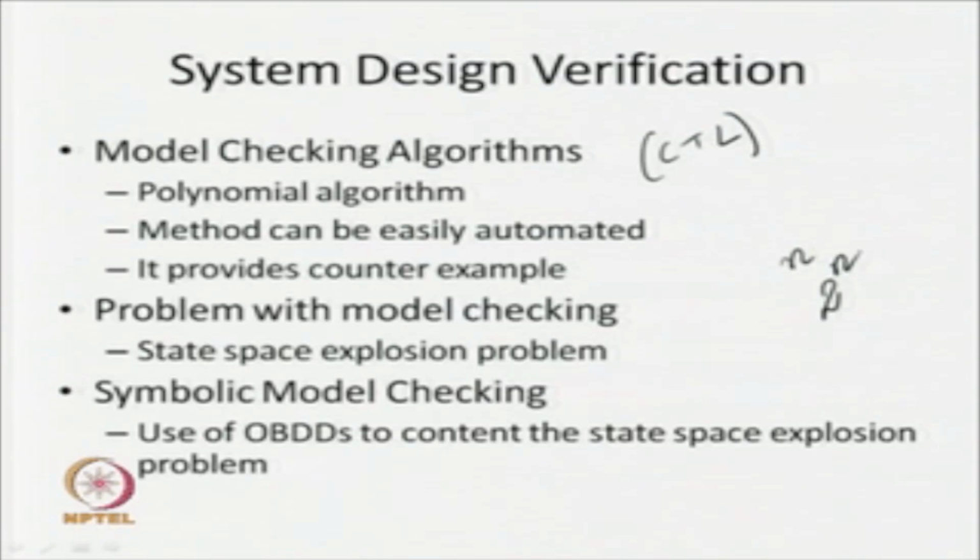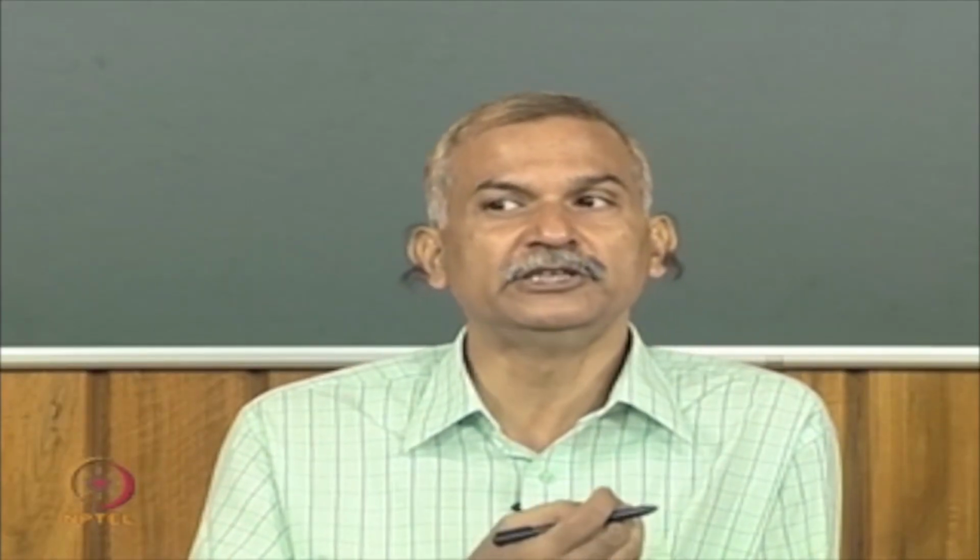How do we restrict this state space explosion problem, or how are we going to work with a bigger system? For that, we have seen how the transition system can be represented compactly. We have seen that the data structure BDD, in particular ordered BDD, can be used to represent the state space diagram, and most of the time we get a compact representation of the state space.